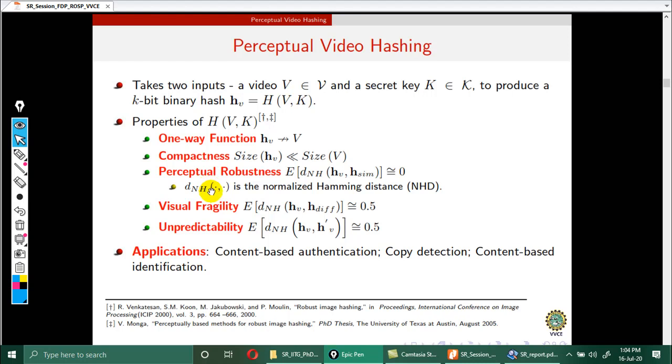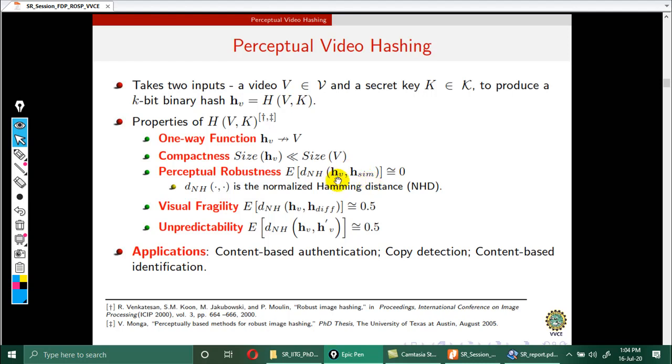What do you mean by that? Suppose I consider a video, say video 1, and another video, say video 2. Video 2 is perceptually similar to video 1, or video 2 is a near duplicate of video 1. Now I'll extract the perceptual hash from video 1 and video 2 and represent them as h subscript v and h subscript similar.